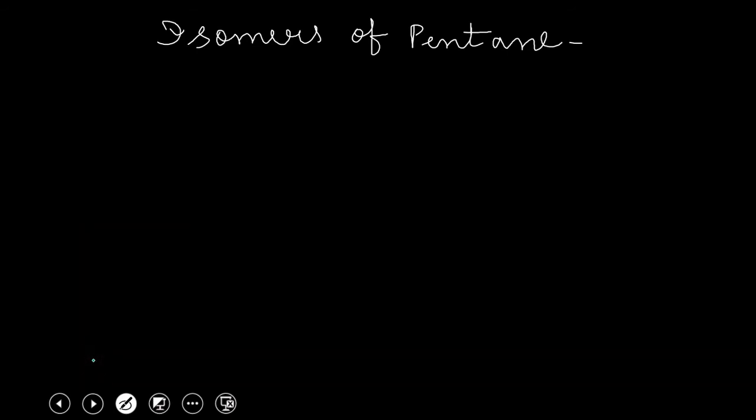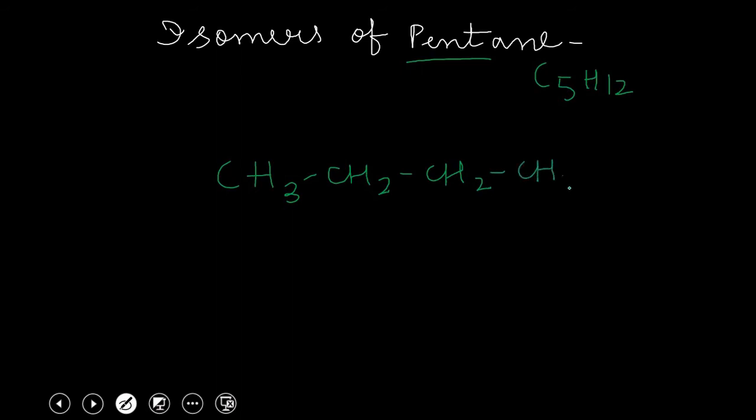So pentane is again an alkane which consists of 5 carbon atoms. So what is the molecular formula of pentane? This is C5H12. This we will discuss in detail in my next videos. So C5H12. So I'm going to write 5 carbon atoms in a chain. So first CH3, CH2, then CH2, one more CH2, you can count also.